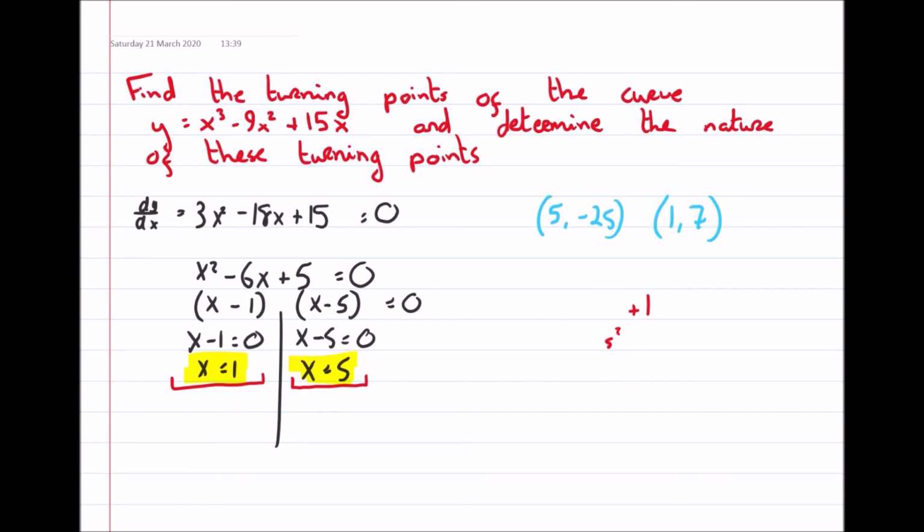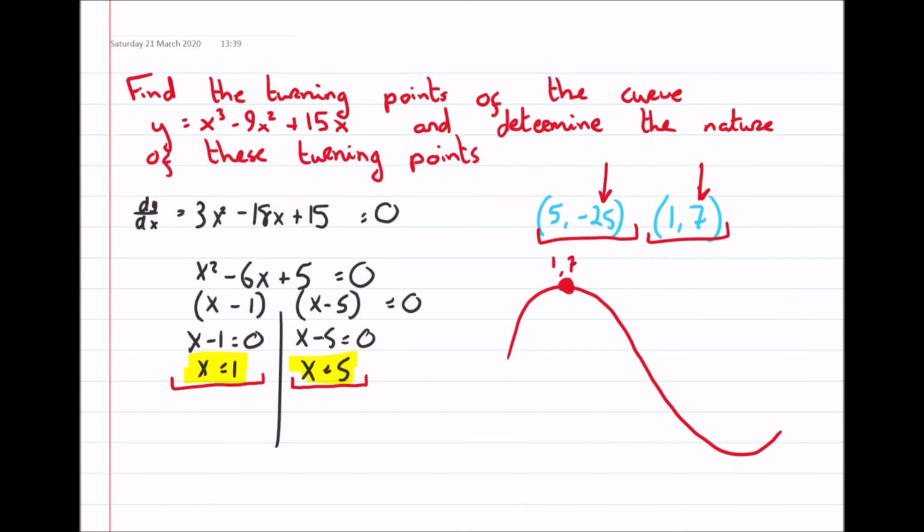Now, I suppose, just looking at those points, you could tell me which is the maximum point and the minimum point. Just have a look at the y value. The y value here is 7, the y value here is minus 25. Whichever the biggest y value is, that's obviously the maximum point. So that maximum point there will be 1, 7.